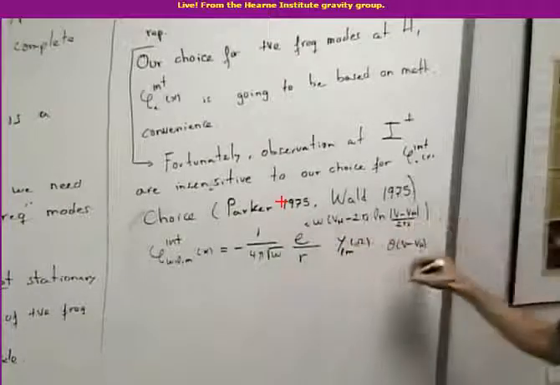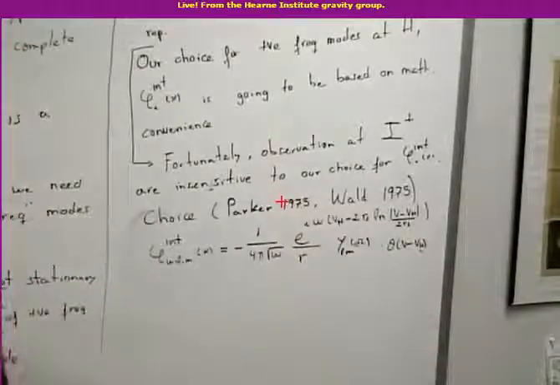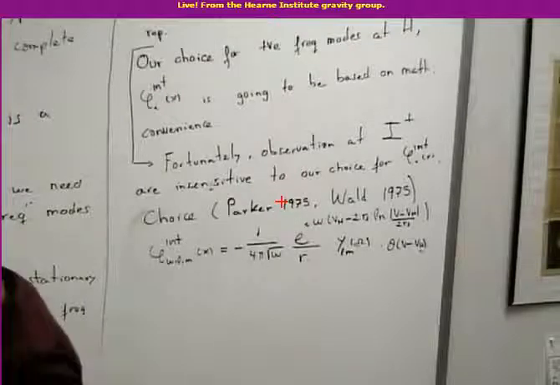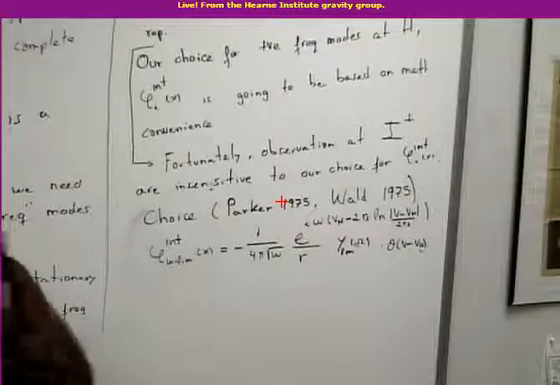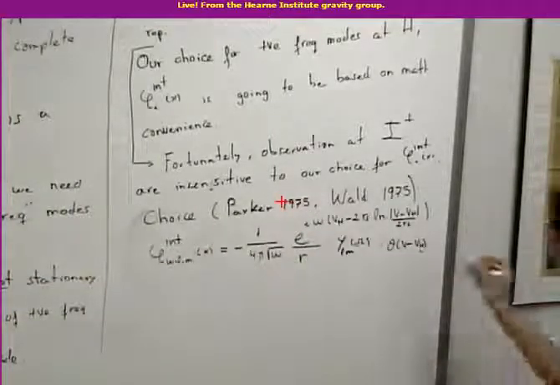And this Heaviside theta is needed because these modes are only defined for v larger than v_H. Remember, this is v_H, so these modes do not have support for v smaller than v_H. They only have support in this part of the spacetime, and they are incoming through the horizon. So this is why this theta is here.